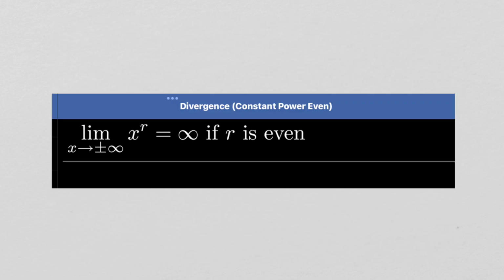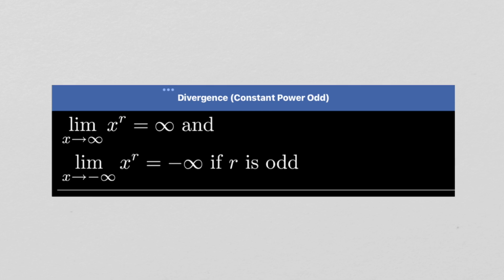The limit as x goes to plus or minus infinity of x raised to some power r, where r is even, is going to be infinity, barring that there's not a negative in front of it, which would flip the function over.